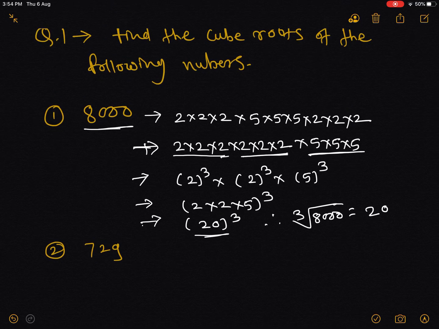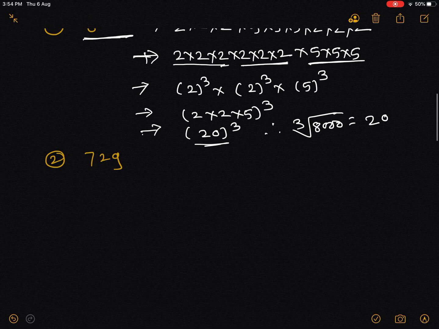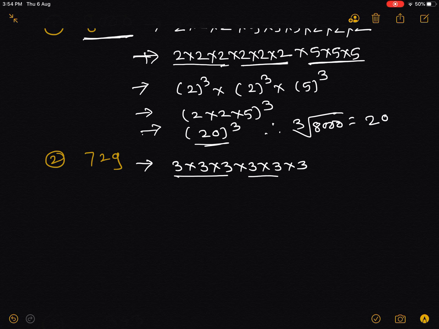Important thing is that we have to factorize this number 8,000 and find the prime factors. See the second number, 729. Prime factors are 3 into 3 into 3, 6 times, into 3 into 3. There are two groups of thrice.